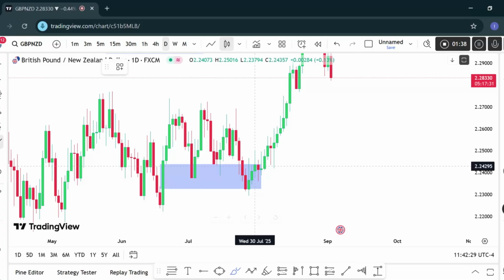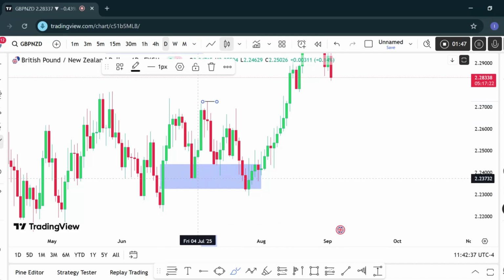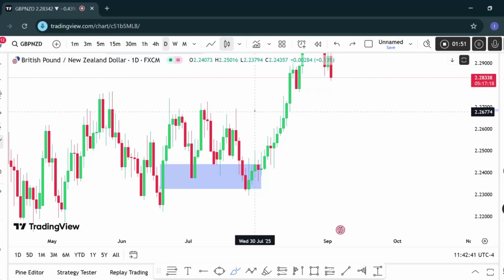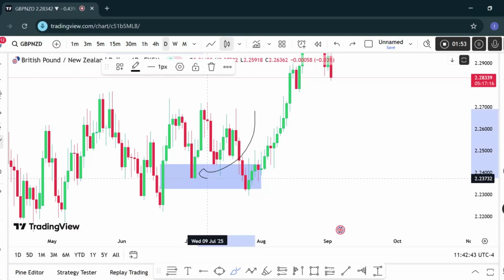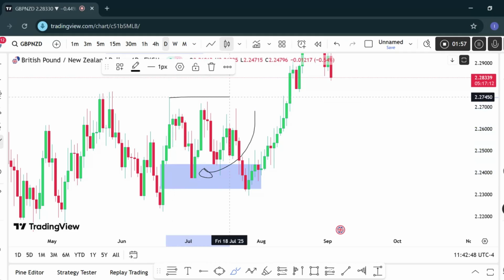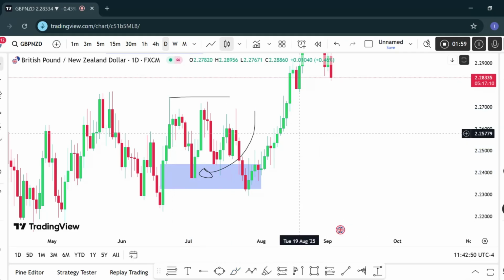Okay? And the next part is how can you identify that? You identify that by lows and highs. For example, in this example here, when the market touched that fair value gap there, it fell to make a new high. This is inducement.